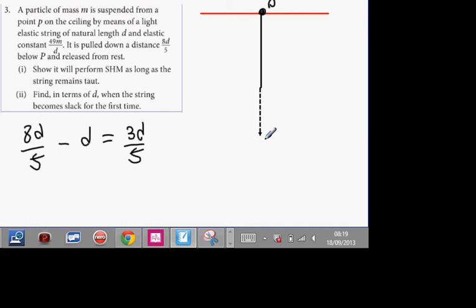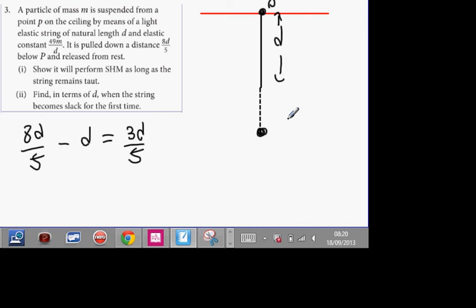Our particle of mass m is pulled down a distance 8d over 5 below P and released from rest. This doesn't mean it's the equilibrium point, right? It says it's released from rest. Show that it will perform simple harmonic motion as long as the string remains taut. So this part here is d, and this part here is 8d over 5.